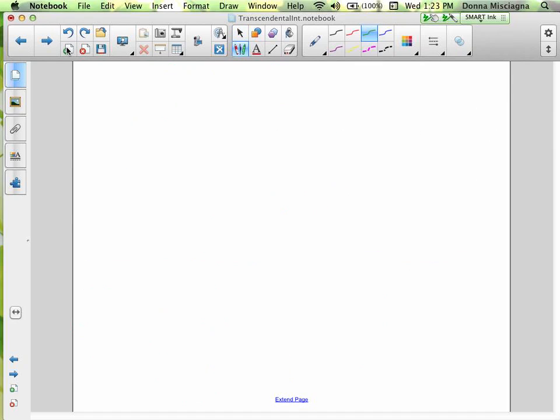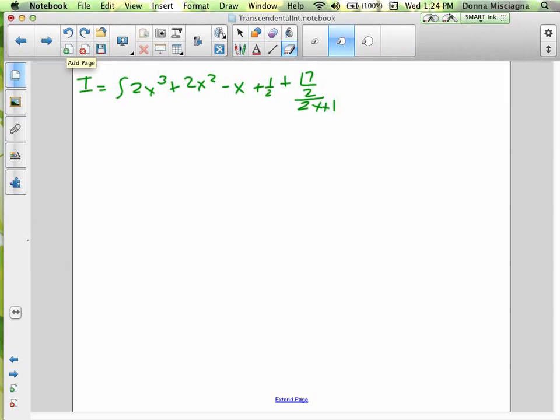Okay, so we're integrating 2x cubed plus 2x squared minus x plus a half plus 17 halves over 2x plus 1. By the way, we can make that a little nicer. Let's make that 17 divided by 2 times 2x plus 1, right?